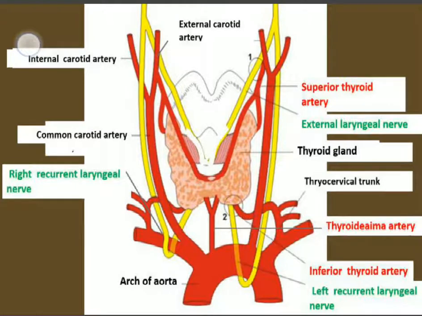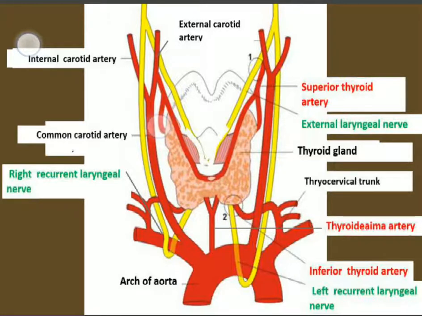So you can see here, these are the external carotid arteries giving away the first anterior branch, which is the superior thyroid. It runs downwards and forwards, dividing into an anterior branch and a posterior branch. Anterior branch descends down along the anterior border and the upper border of the isthmus, and then both anastomose together.